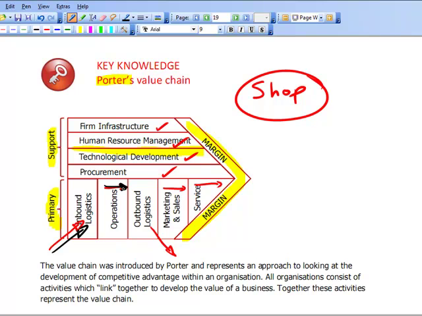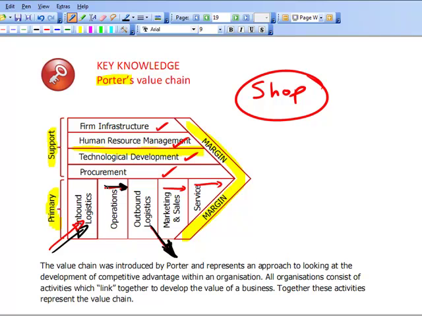I'm going to come back to operations in a minute, because I want to talk about outbound logistics first, as sometimes people get confused with the value chain and the shop. Outbound logistics is selling the goods to the customers. So when you or I go into a shop and buy something, that is outbound logistics from the shop.